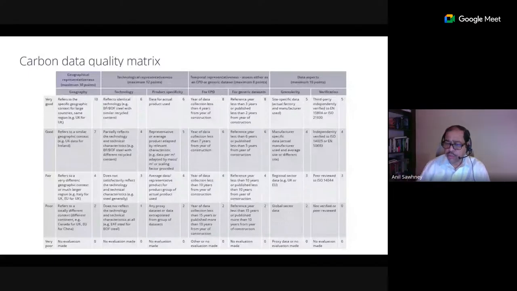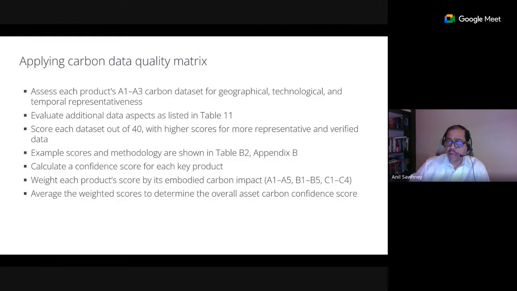So you can use that list, come up with the score using this table, and then you will apply the carbon data quality matrix. So you're going to assess each product's A1, A2, A3 carbon data set for geographical, technological, and temporal representativeness.